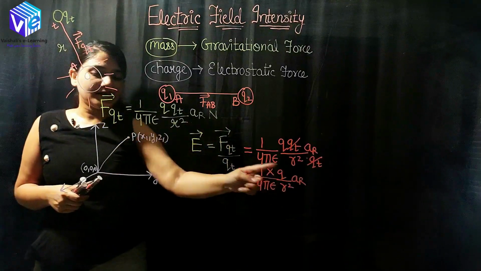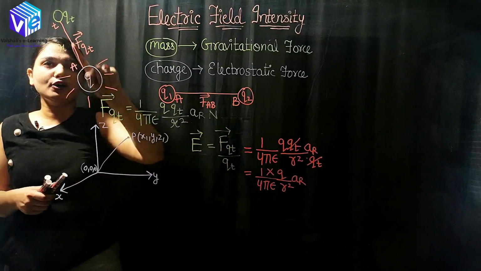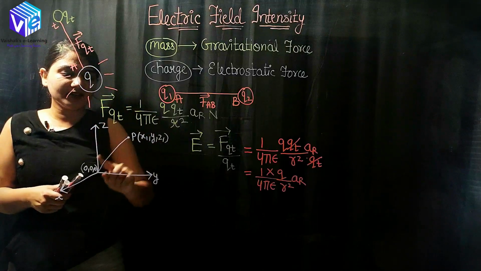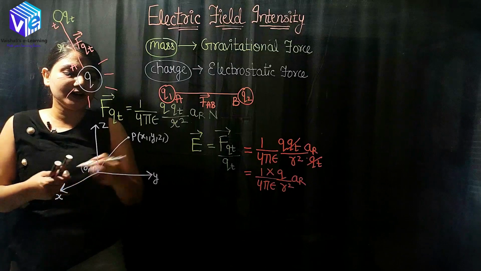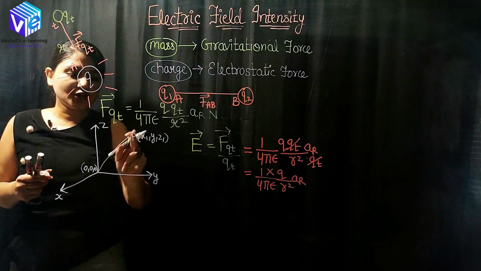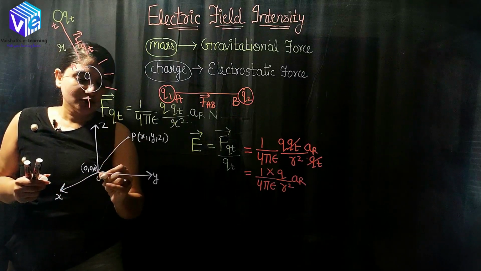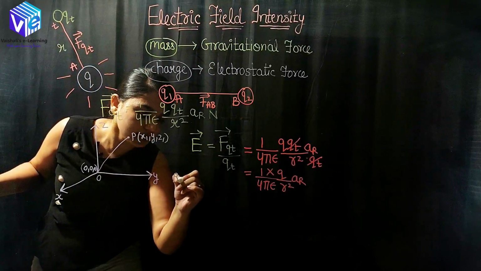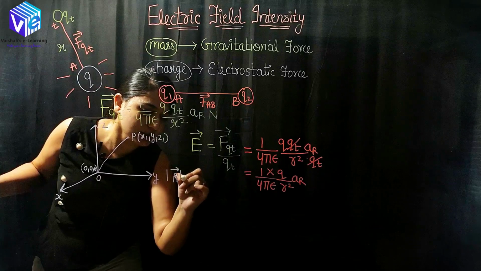Now what is AR? AR is the unit vector along the direction of AT. If I have this coordinate axis, and I need to find the direction of OP, I can find R. What is the magnitude of R?